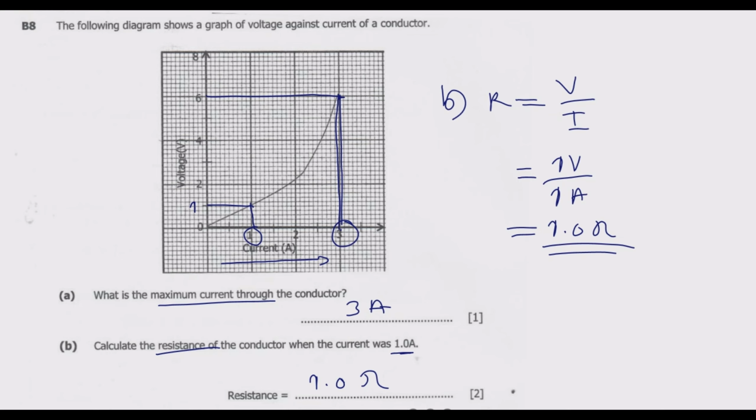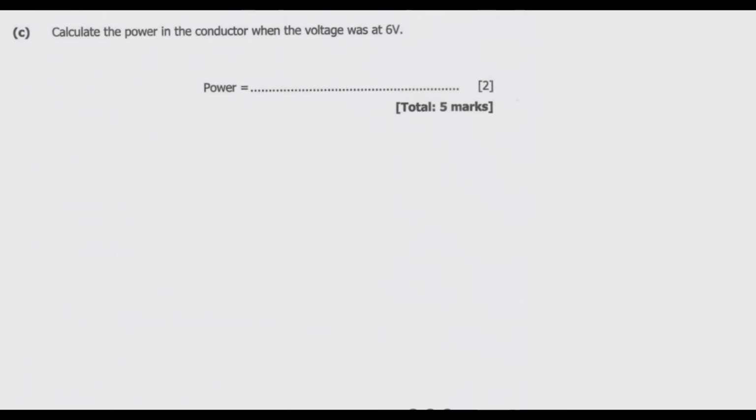Then we proceed to the next question, which is C. Calculate the power in the conductor when the voltage was at 6 volts. So we know power is given by the product of voltage and current. So power is voltage multiplied by current.